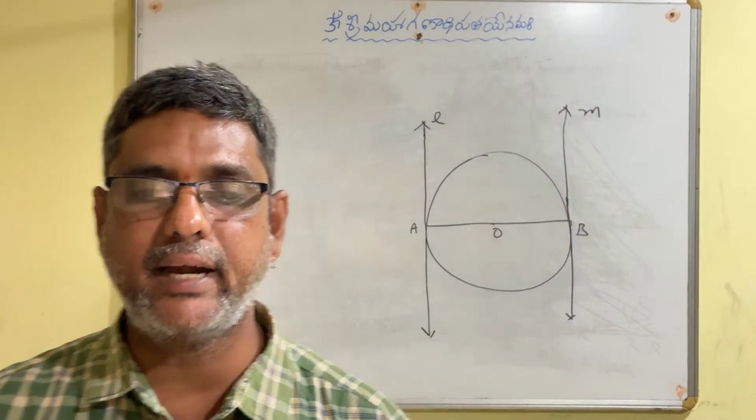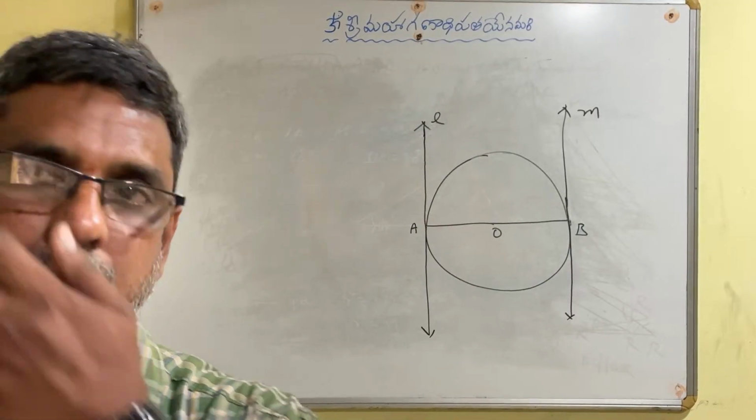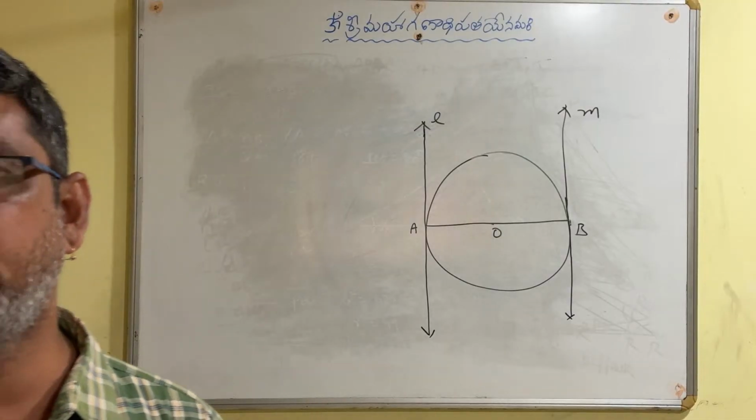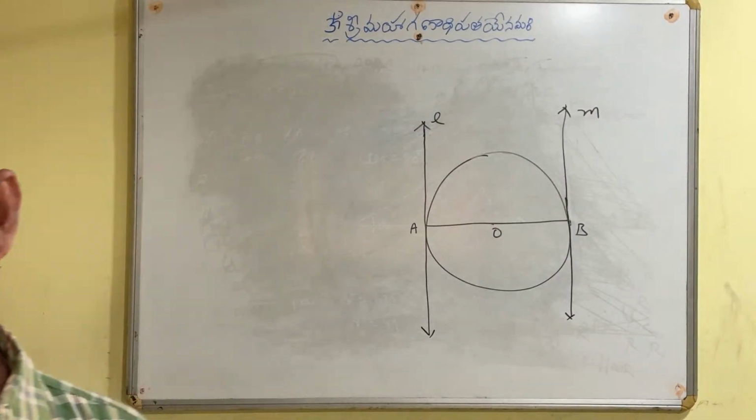L is one tangent and M is another tangent. L is a tangent to the circle at A and M is the tangent to the circle at B.